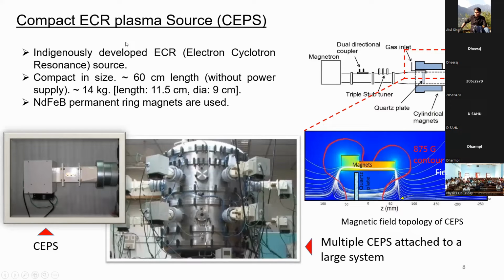Here we see the compact ECR plasma source that I mentioned. This is the schematic diagram of it. You can see that we use microwave at exactly 2.45 gigahertz.